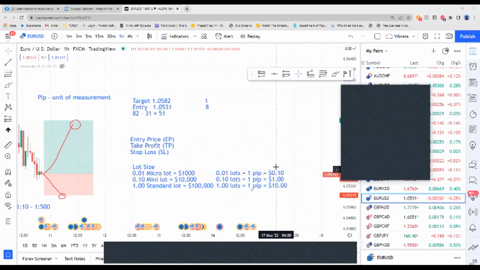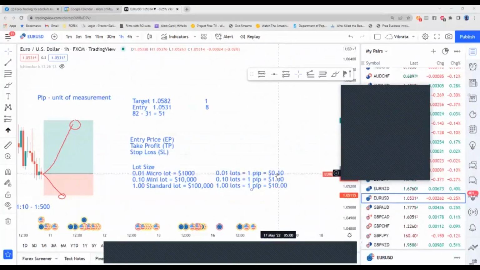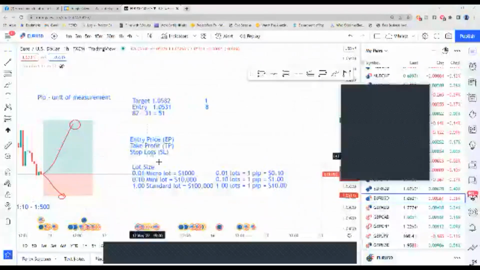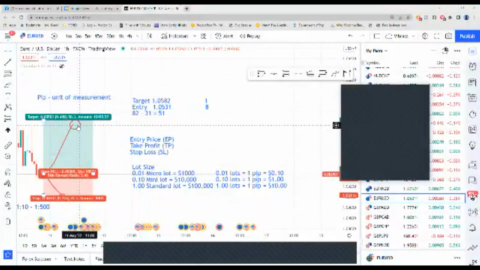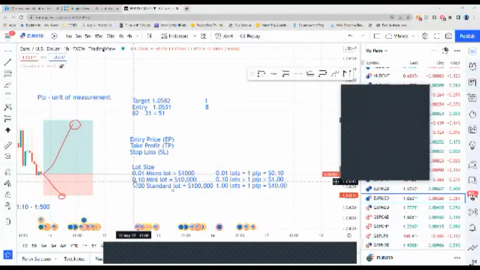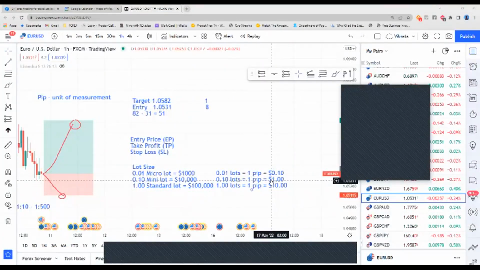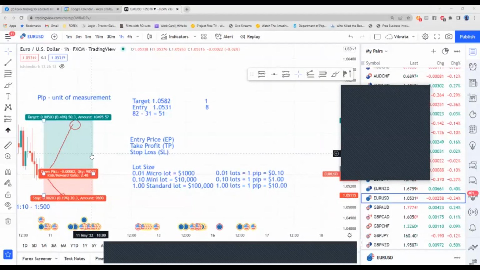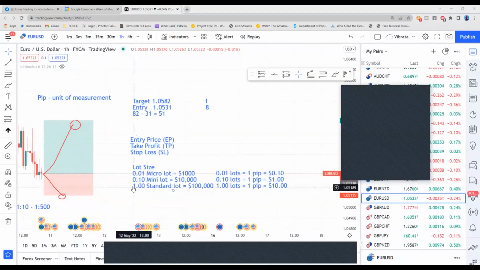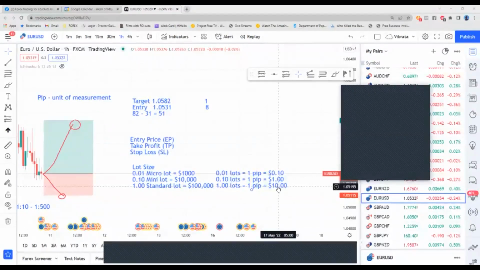So it's 50 times 0.1, that's $5. If we had to take this trade with a 0.1 lot, with a mini lot, we stand to make $50. 50 pips times 1 is $50. Similarly, if we had to take the exact same trade at 1 standard lot, we stand to make $500.